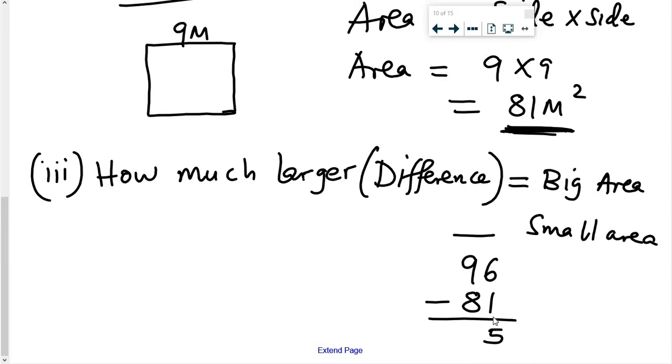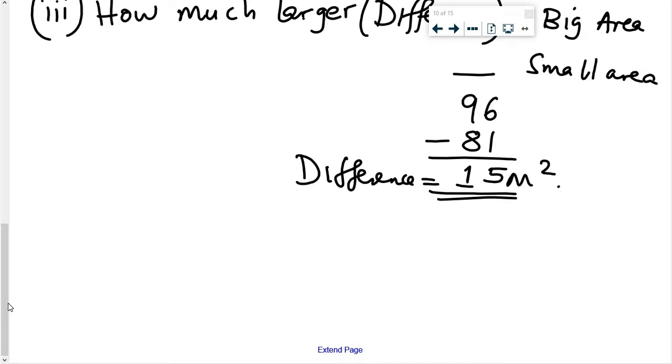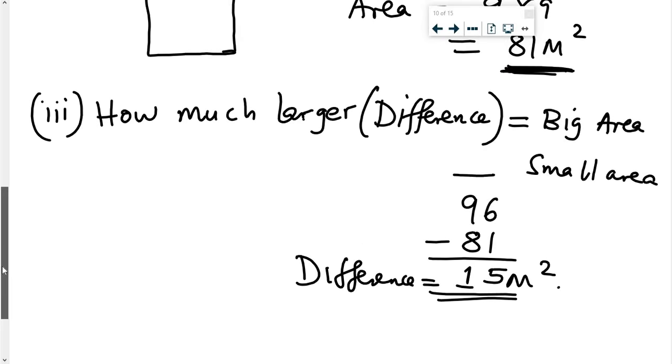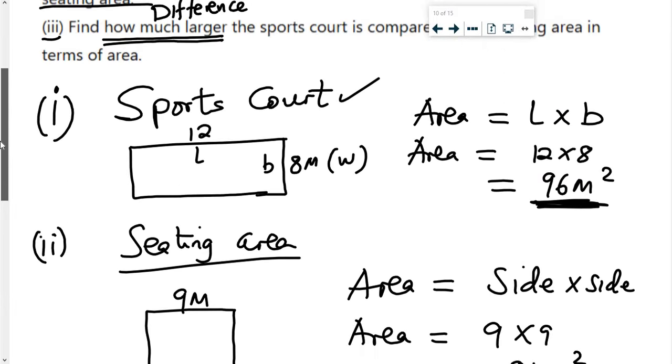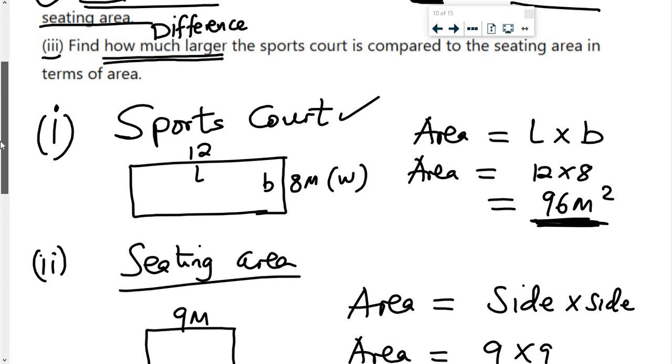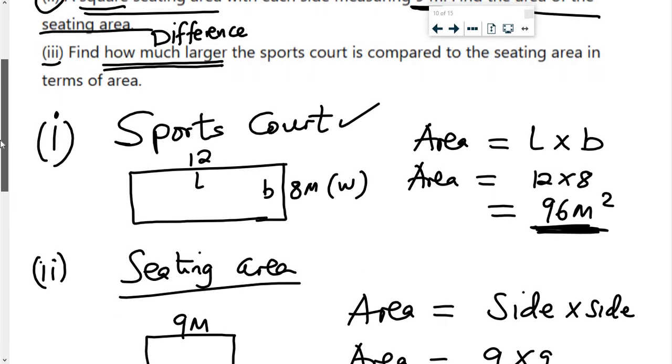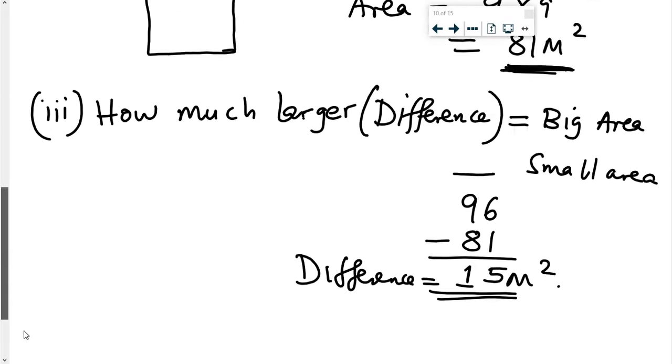When you subtract this, you get 5 here and you get 1 here. So this is the difference. The difference equals 15 meter square. That is how much larger the area of the sports court is compared with the sitting area.